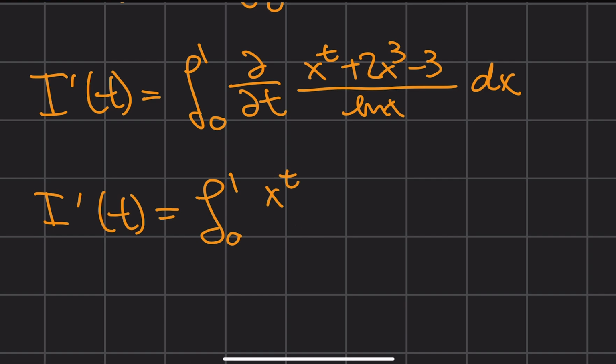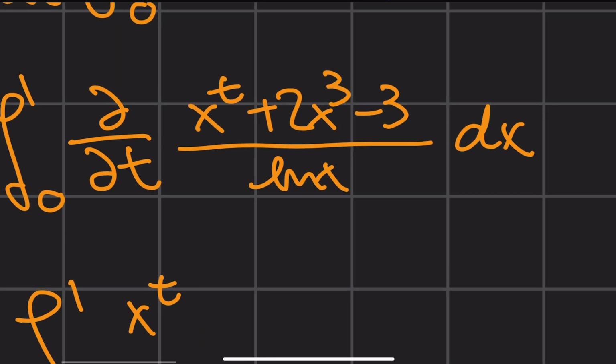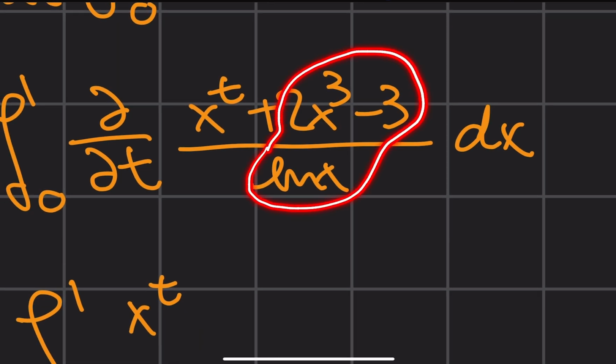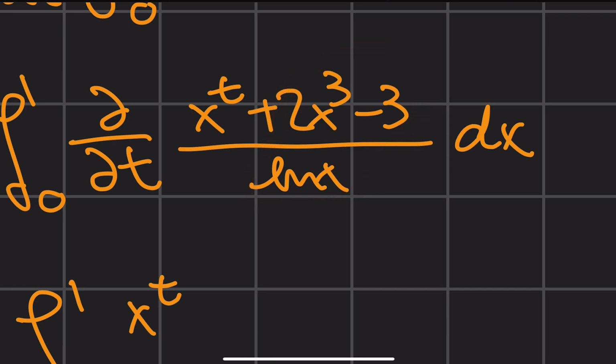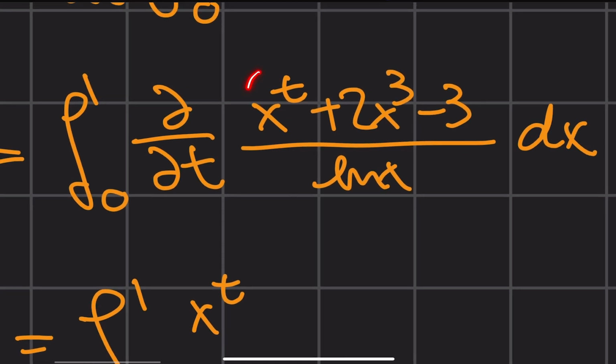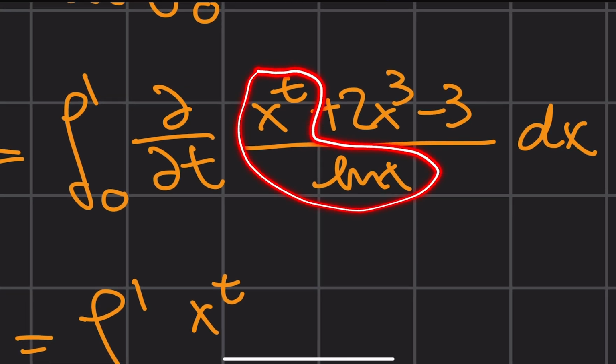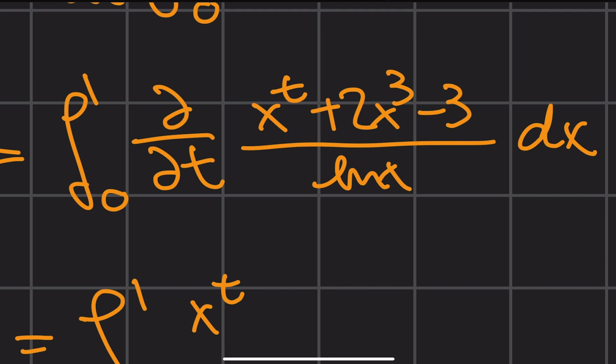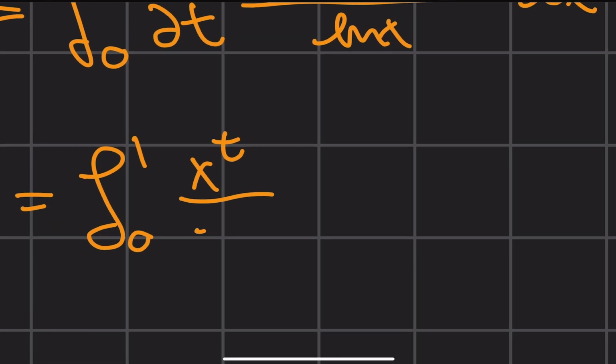Before I continue, let me make an indication that this is all constant. Why is it constant? Because we're differentiating partially with respect to t, and x is not the variable we're looking at. So we're honing our vision into this term, and we're basically pretending ln x is constant when we differentiate partially.